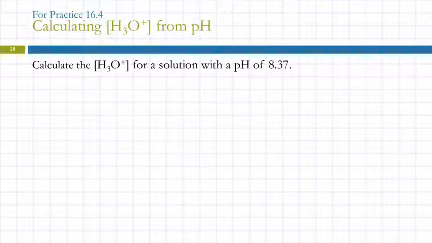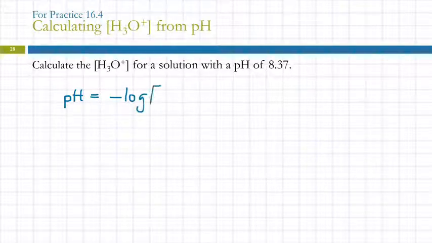What if we're given the pH and we want to calculate the hydronium ion concentration? So we're going to have to do inverse logs, right? We know that pH is negative log of hydronium ion concentration. So we need to rearrange this and solve for the hydronium ion concentration. There's this negative here, so let's multiply both sides by -1. That makes this positive and that negative.